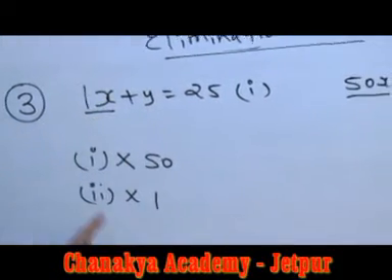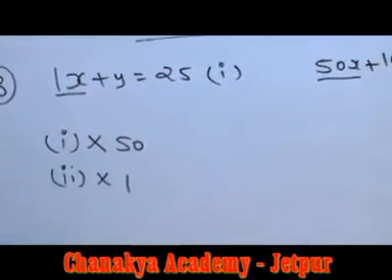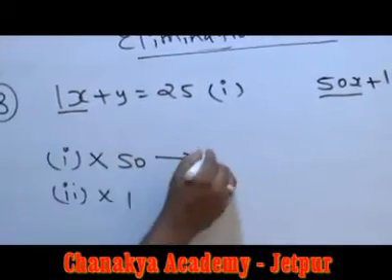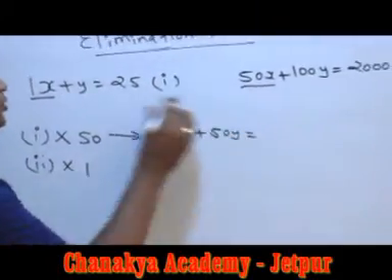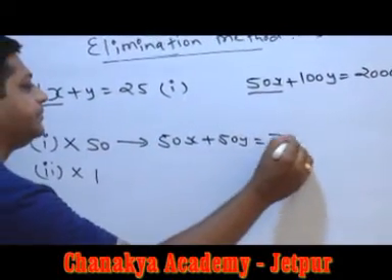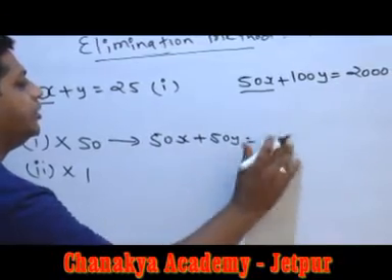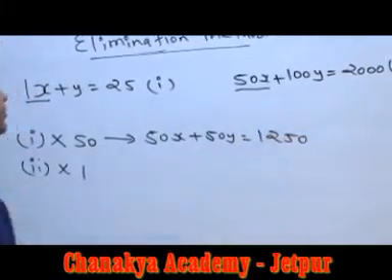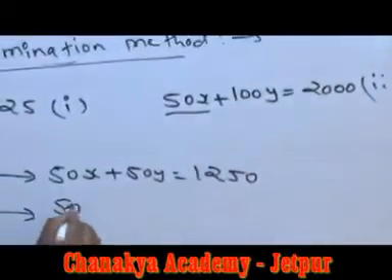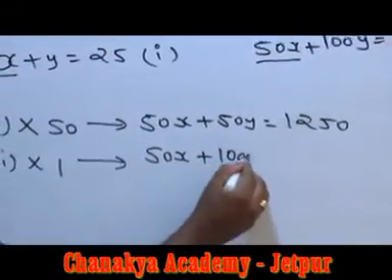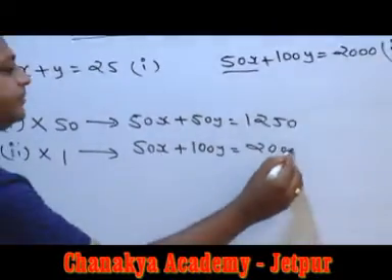Okay, equation 1 multiplied with 50 gives 50x plus 50y equal to 1250. Equation 2 multiplied with 1 gives 50x plus 100y equal to 2000.